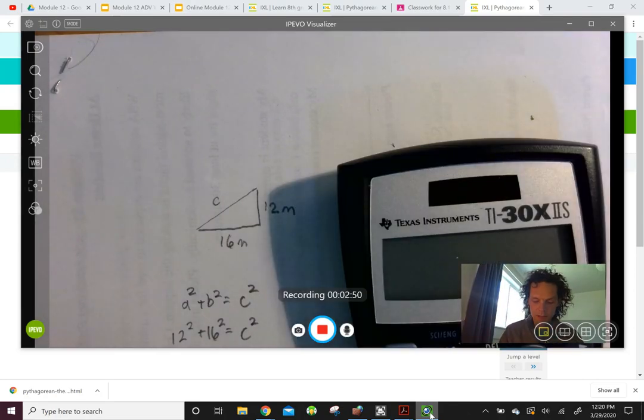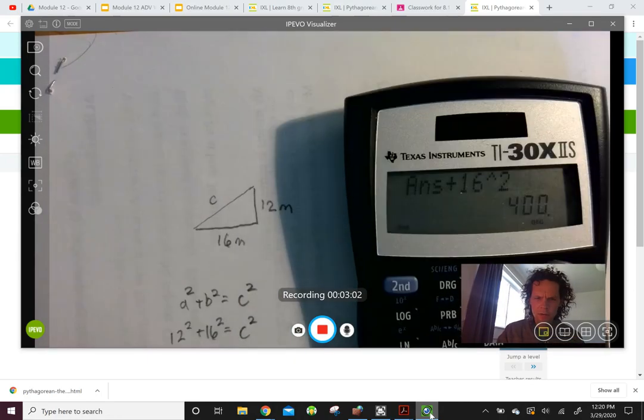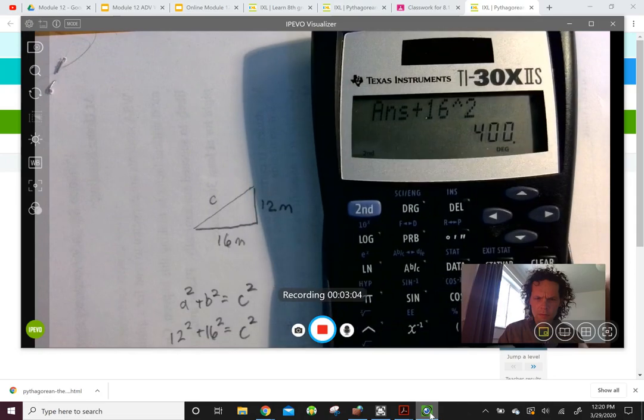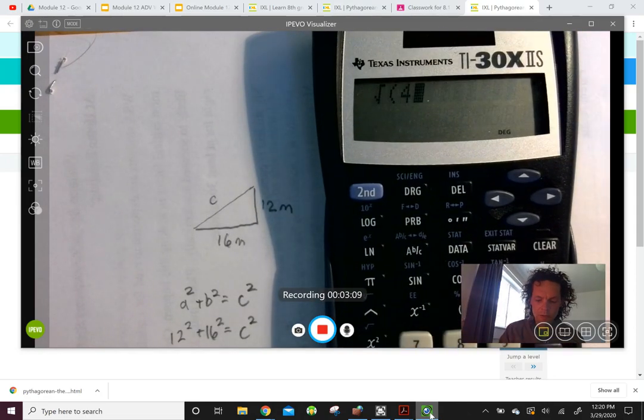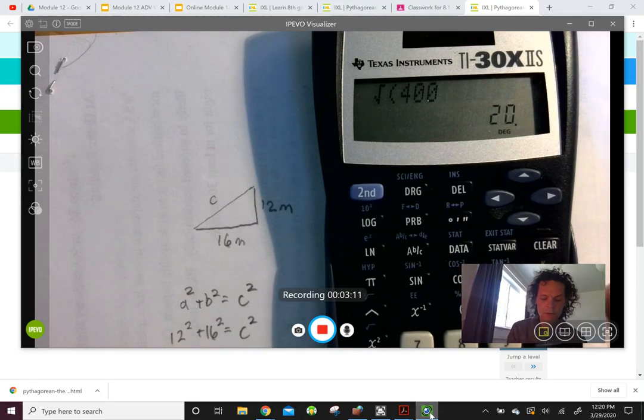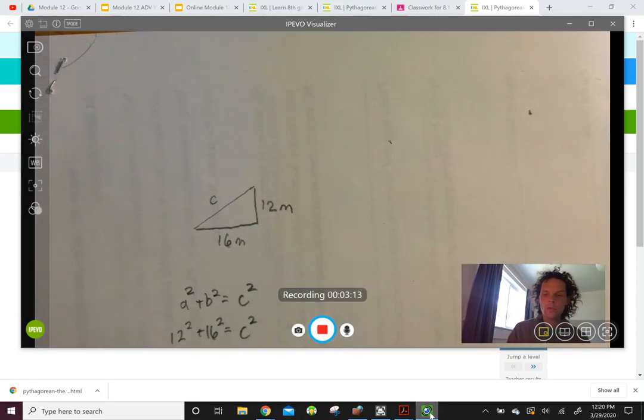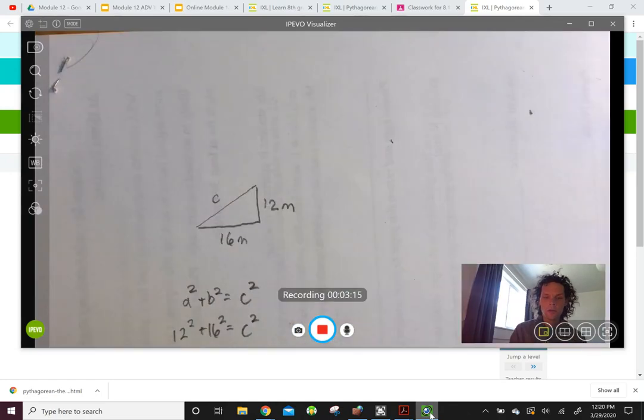We'll just type that into our calculators. 12 squared equals, plus 16 squared equals. Now we're finding the square root. Second, x squared, 400 equals, so 20. So it's going to be 20 in between there, okay?